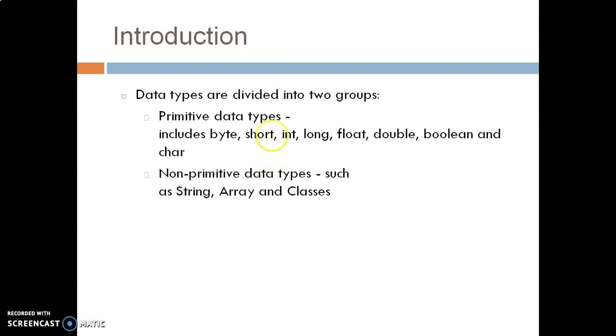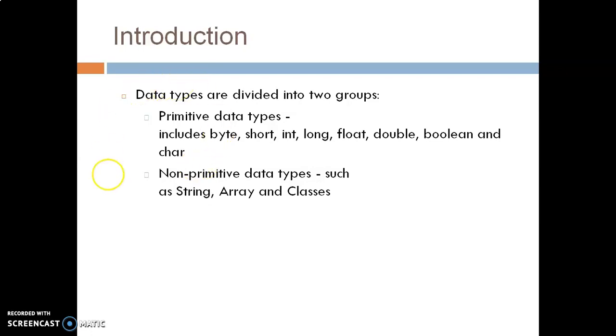The data types, as the name says, are types of data. Data types are divided into two categories. The first one is primitive data types and the other one is non-primitive data types. When we are talking about primitive data types, we are talking about the built-in data types which are already present inside the system.